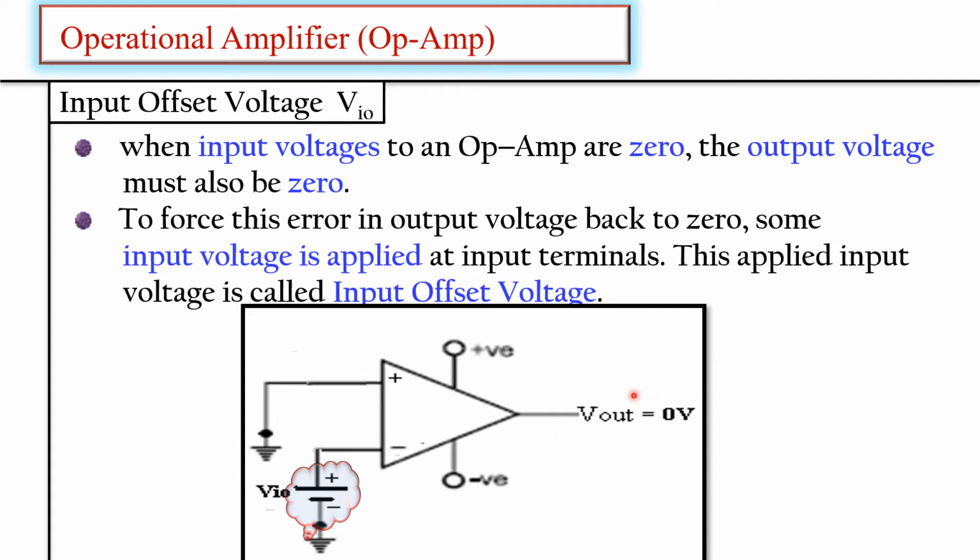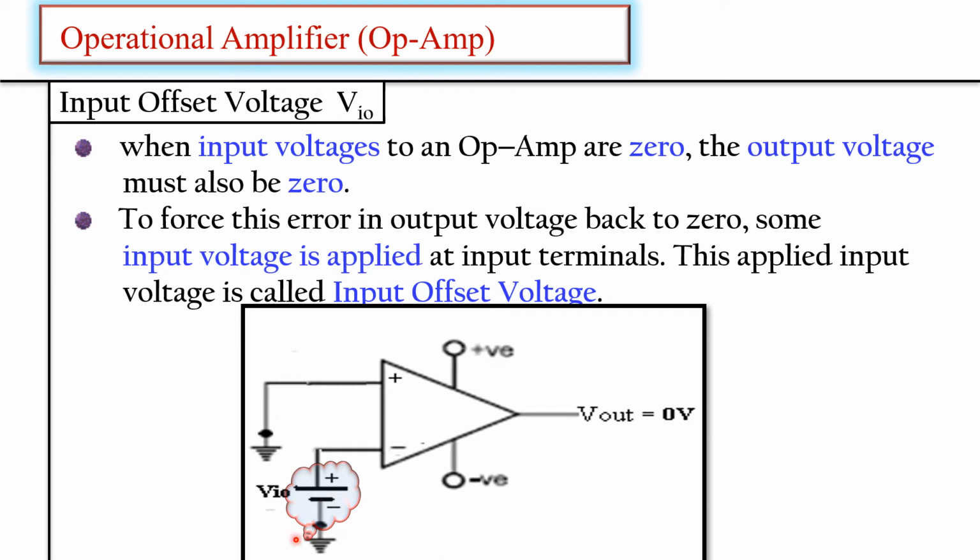The input offset can be a few millivolts for a general purpose op-amp, and it can also be as low as 1 microvolt. This is in millivolts or in microvolts. That is nothing but input offset voltage.